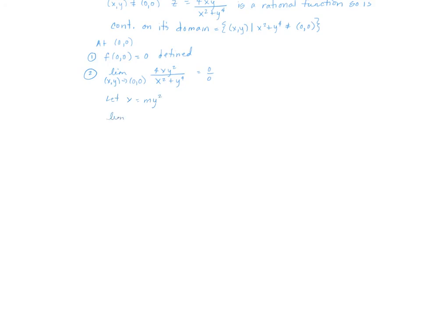So this limit will be as y goes to 0 because I got rid of the x by having it equal to m y squared. The numerator becomes 4m y to the 4th, and the denominator becomes m squared y to the 4th plus y to the 4th.